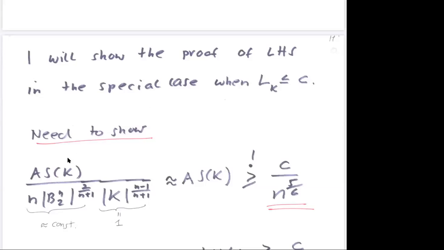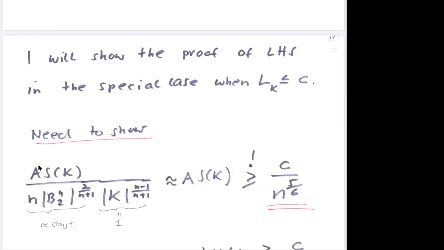The quantity that we want to bound from below is this one here: the maximal affine surface area of K divided by these expressions. But we've already seen that n times the volume of the Euclidean unit ball raised to the power 2 over n plus 1 is just a constant. Also, as we are in isotropic position, the volume of K is 1.